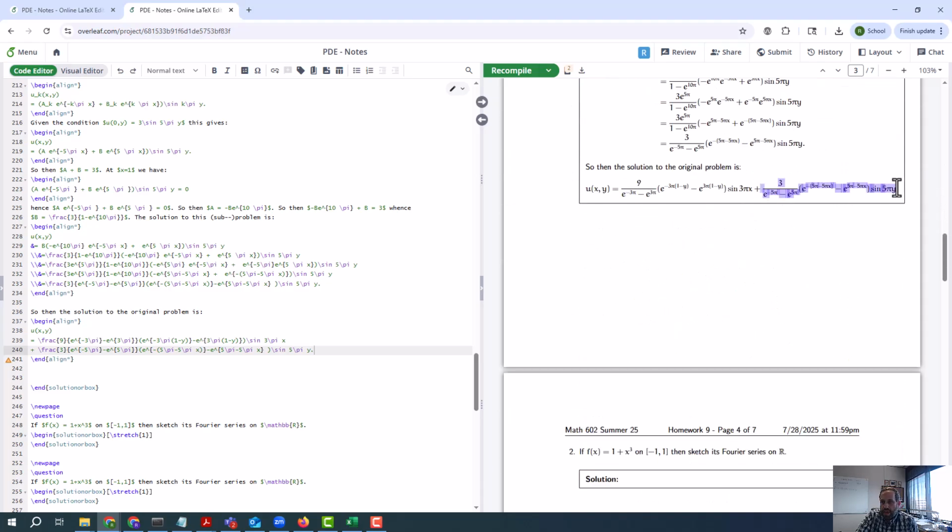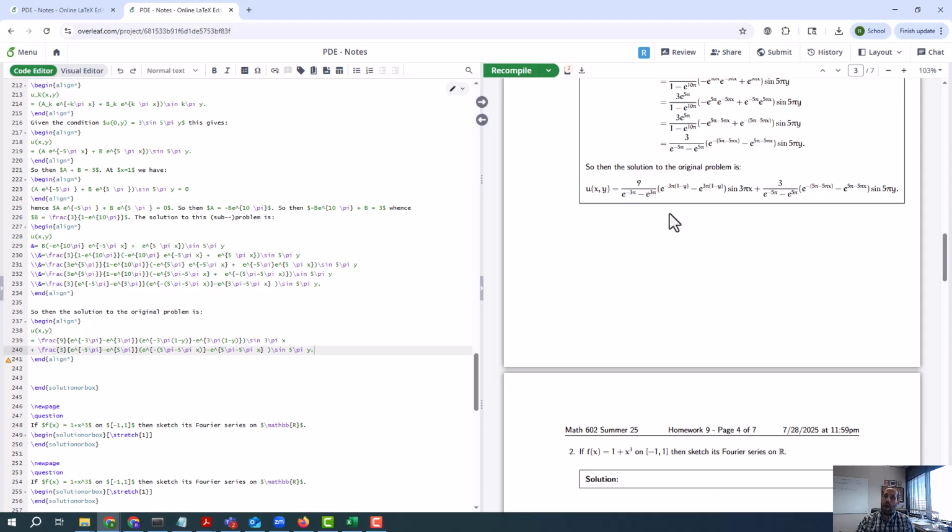This right here is equal to 0 on the top, and then this side over here, and it's equal to 3 sine 5 pi y on the right. Okay, so what is this equal to? This whole function here, what is it equal to on, let's say, the top? Well, this function is equal to 0 on the top. This function is equal to 0 on the top, so its sum is equal to 0 on the top.